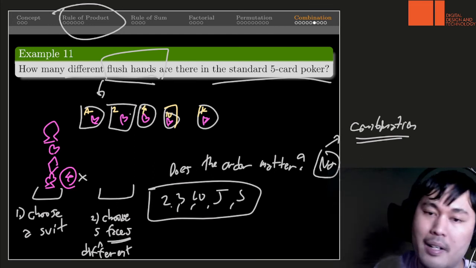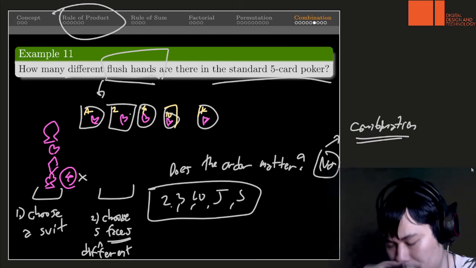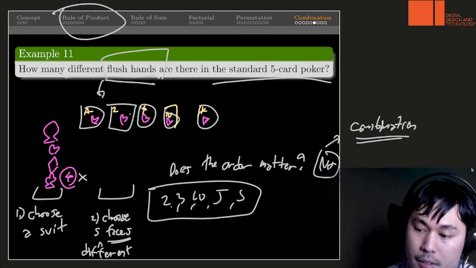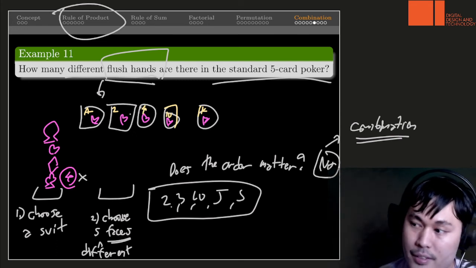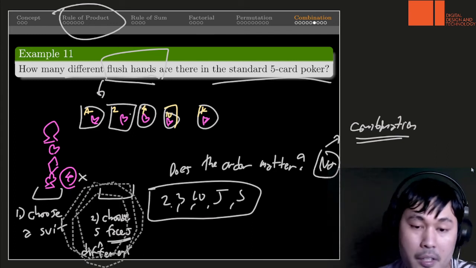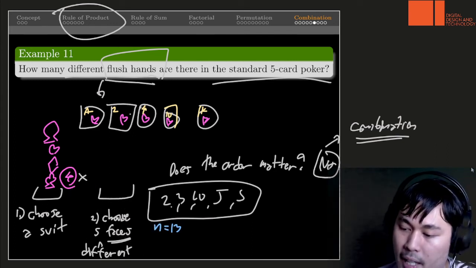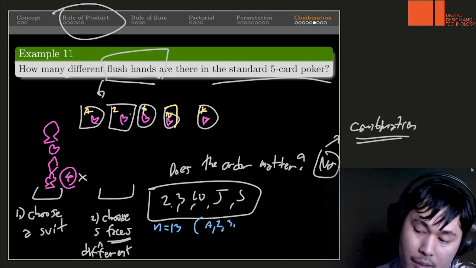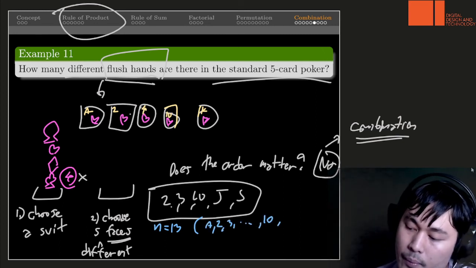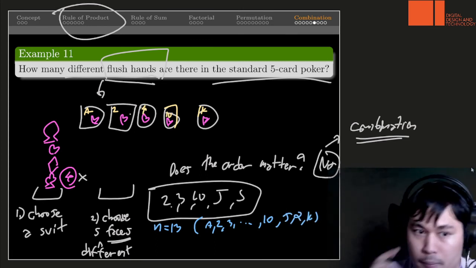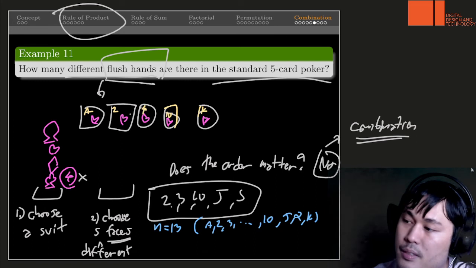We just want 5 different numbers, 5 different faces. So we choose 5 faces from how many faces? From 13 faces. So in step 2, there are 13 faces to choose from: Ace, 2, 3, 4, 5, up to 10, and then 3 more, Jack, Queen, King. So 13 options.